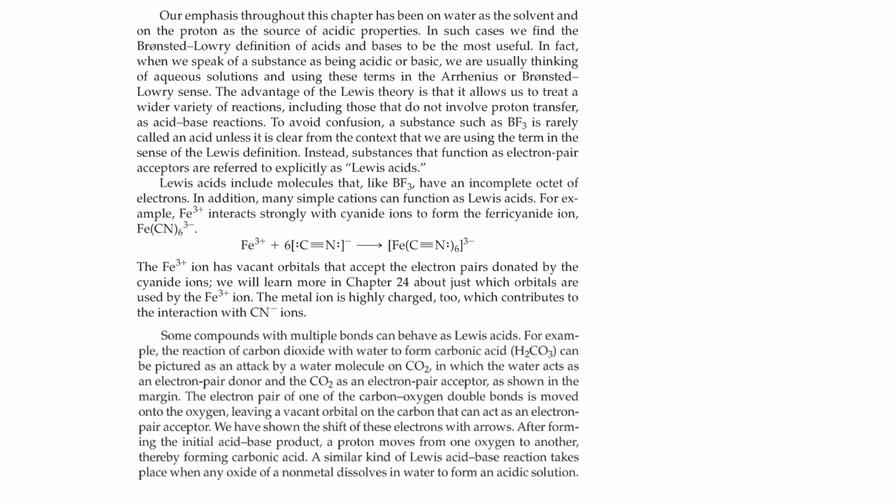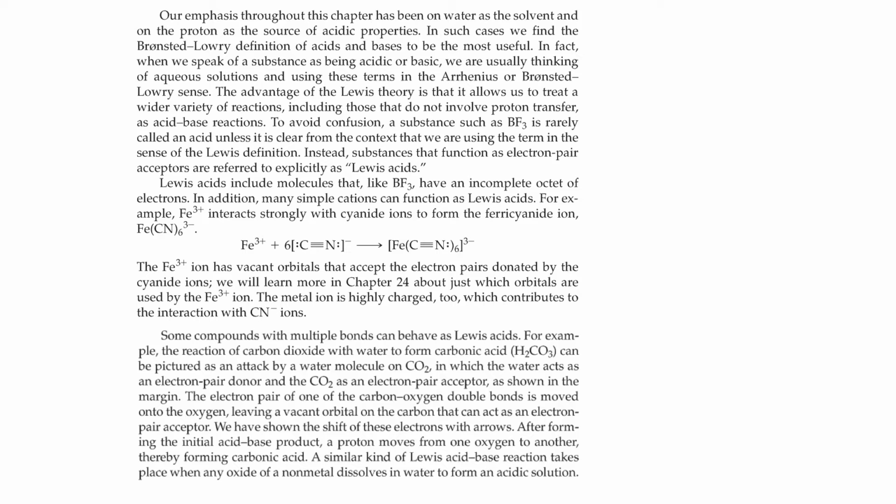The advantage of the Lewis theory is that it allows us to treat a wider variety of reactions, including those that don't involve proton transfer, as acid-base reactions. To avoid confusion, a substance such as boron trifluoride is rarely called an acid unless it's clear from the context that we're using the term in the sense of the Lewis definition. Instead, substances that function as electron pair acceptors are usually referred to explicitly as Lewis acids.